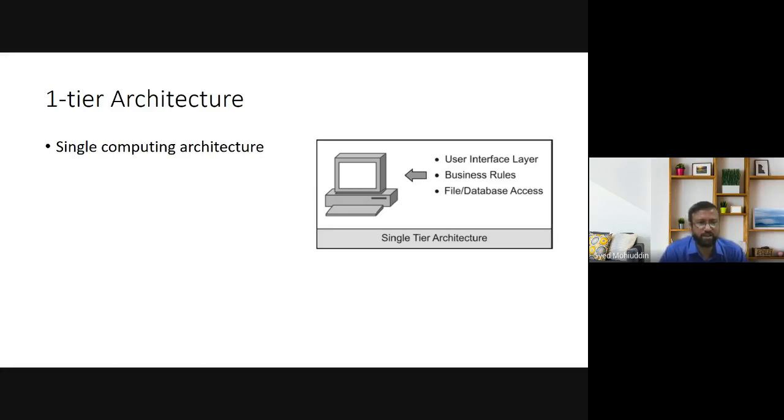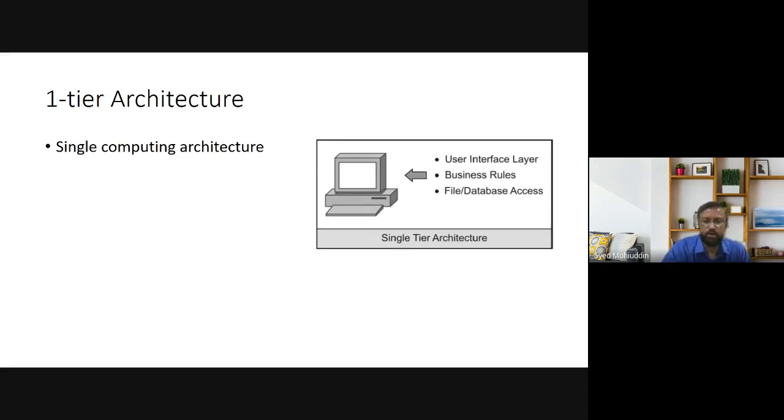There is no means of sharing data across applications. That is the major disadvantage, but one-tier architecture is very simple and easy to manage and implement.